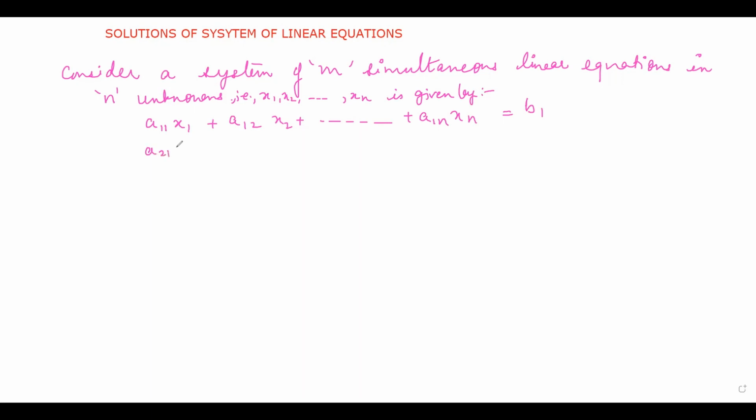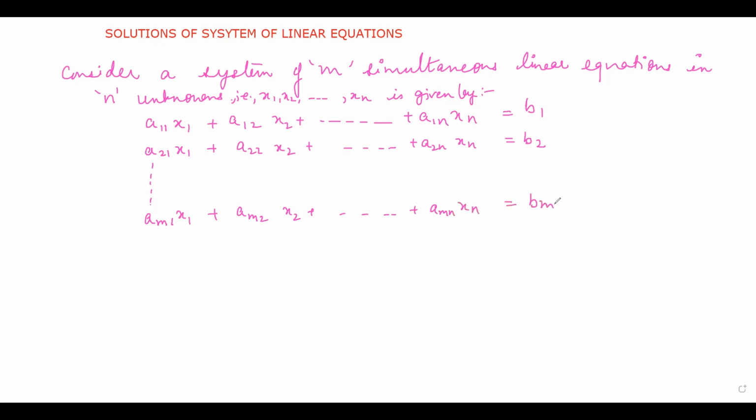Similarly, we'll have another equation, a21 x1 plus a22 x2 up till a2n xn is equal to b2. Now, how many equations are we talking about? We are talking about m simultaneous linear equations. So you will see here that it will go up to am1 x1 plus am2 x2 going up till amn xn is equal to bm.